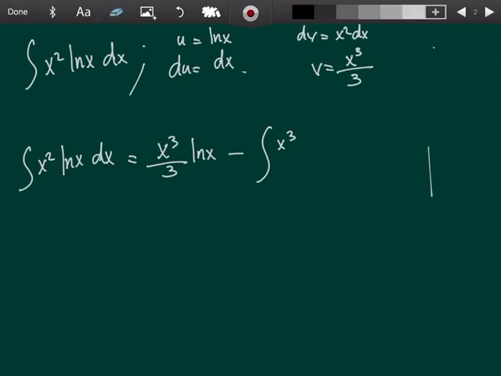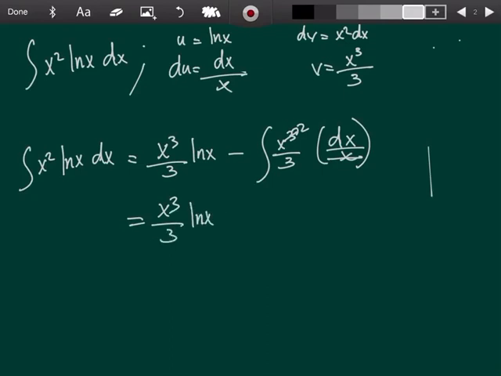Ano ang derivative ng ln x? dx over x. Okay, so x cubed over 3 times dx over x. So, cancel natin yung x dyan. Ito ay magiging x squared. So, x cubed over 3 ln x minus, labas natin yung 1/3, integral of x squared dx.